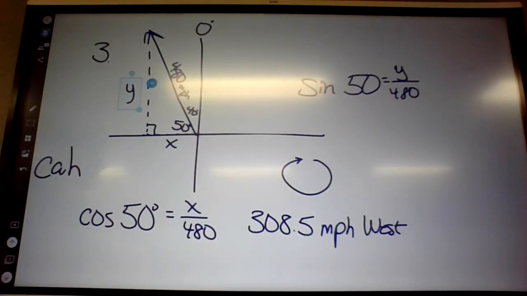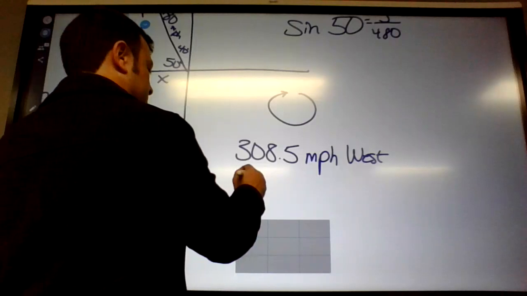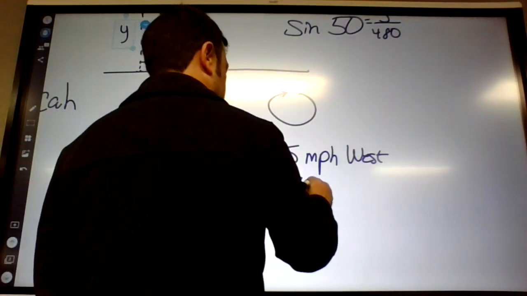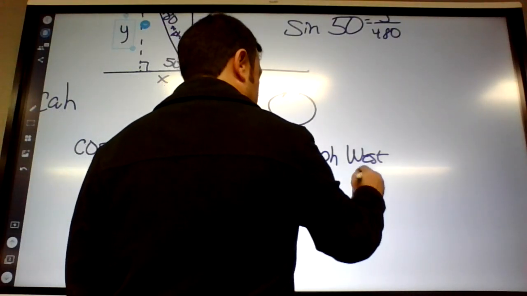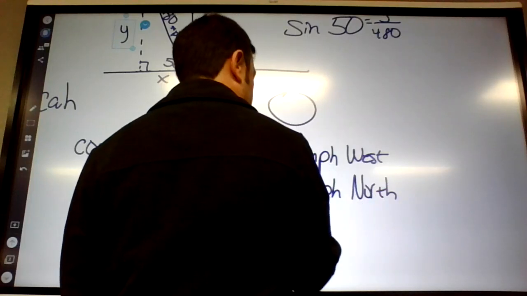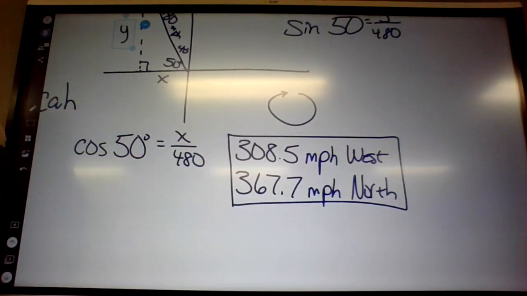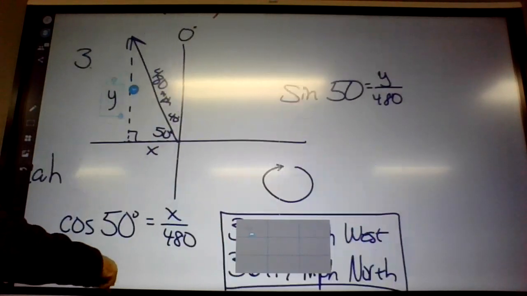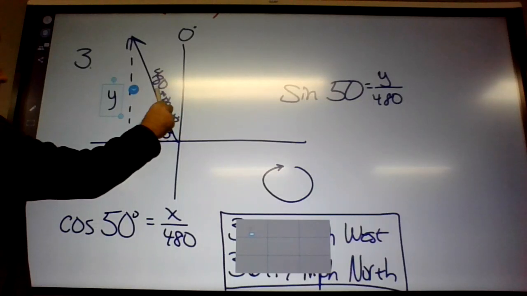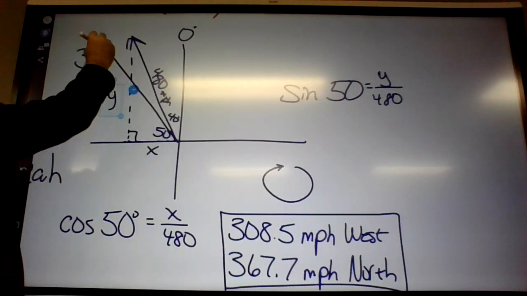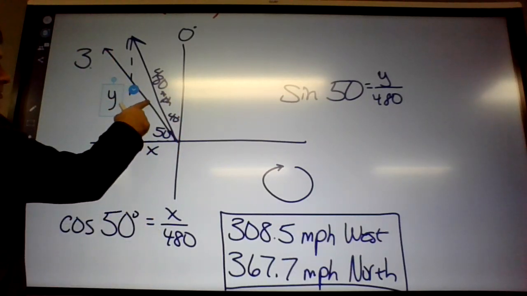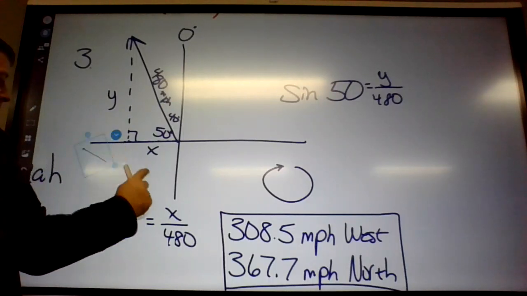Sine of 50 times 480. My picture wasn't very accurate. This line should have been more like that. Kind of screwed my picture up a little bit, but not a big deal.